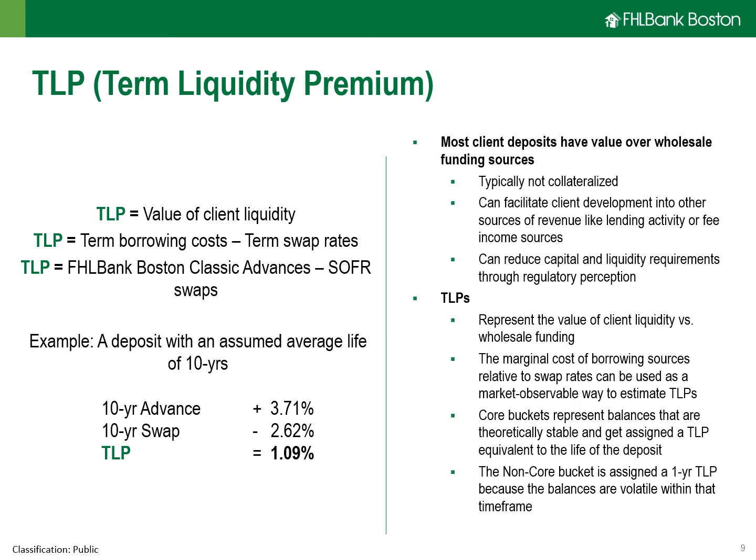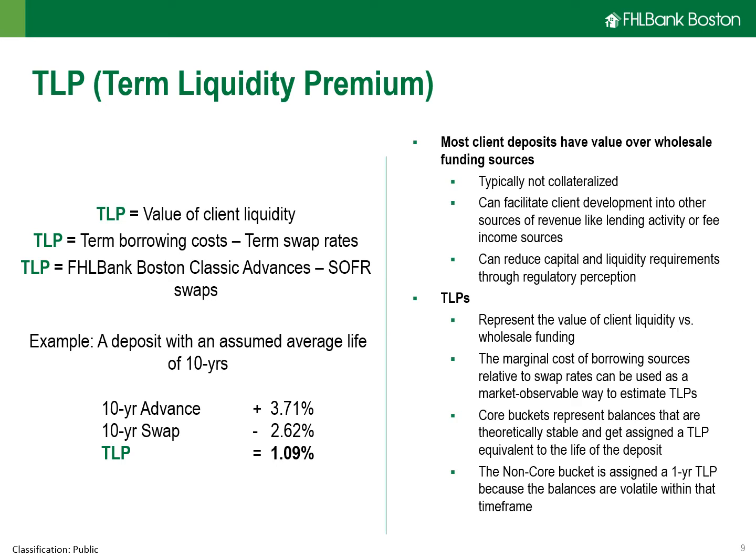And this concept of term liquidity premium can accomplish that. And very simply, it's just the marginal cost of borrowing relative to the swap rate associated with the long term. So in the example that's on the slide on the left-hand side, if we know that a 10-year advance is 3.71% and a 10-year swap is 2.62%, the liquidity premium is just the difference in those two things, which is 1.09%.